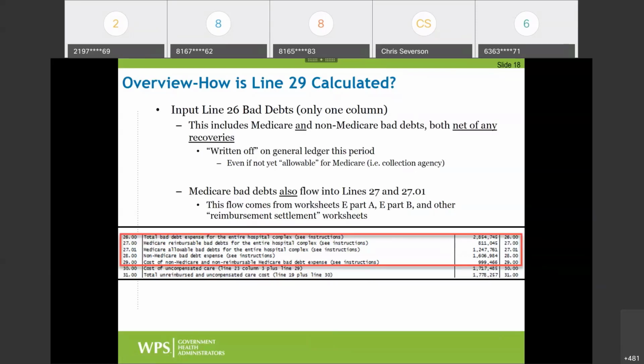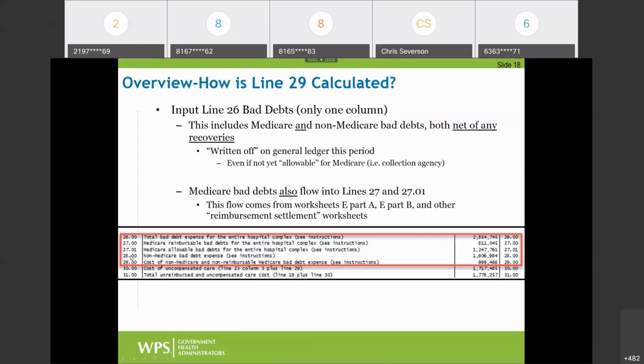So returned from the collection agency and everything. Line 28, we get the non-Medicare bad debt expense. The way that's calculated is just taking line 26, which was the total, and subtracting out the Medicare portion to determine what was the non-Medicare portion.